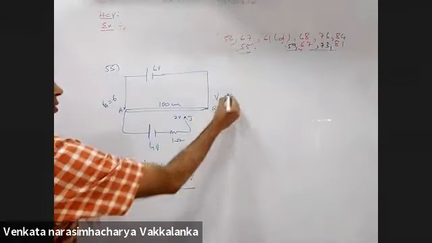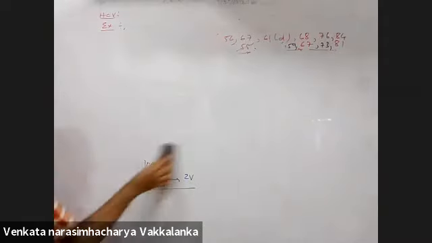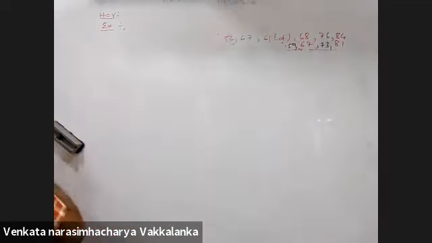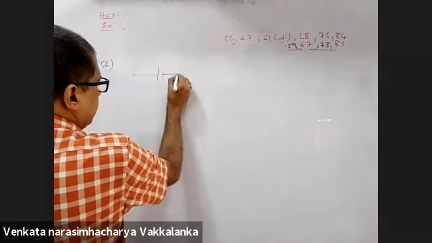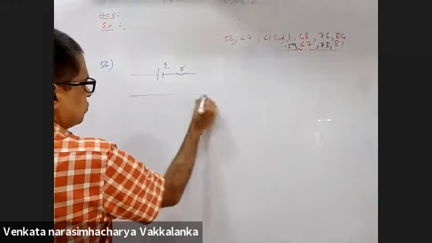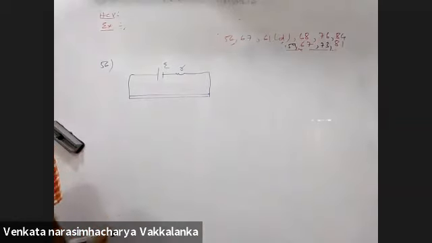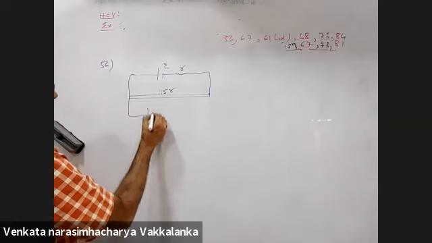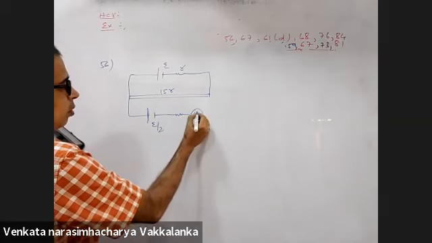Yes, sir. Can I rub the board? Question 56. You have a battery, you have internal resistance, you have a wire, and this will be of 15R. You have E by 2 and a galvanometer.